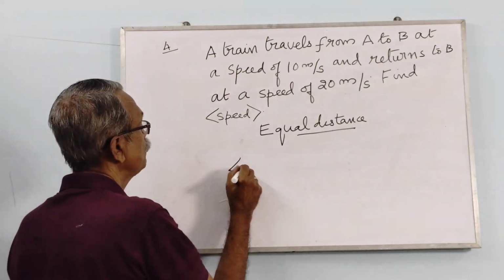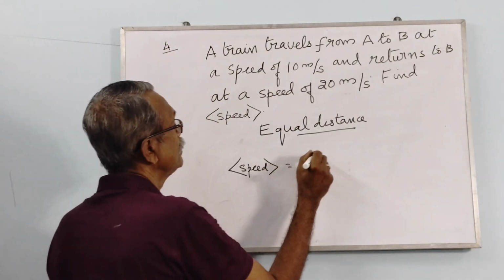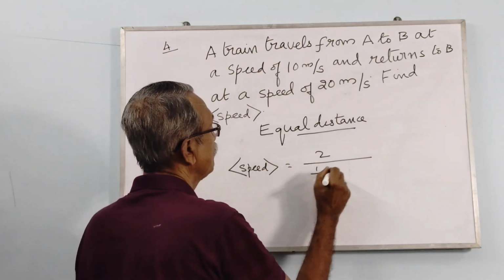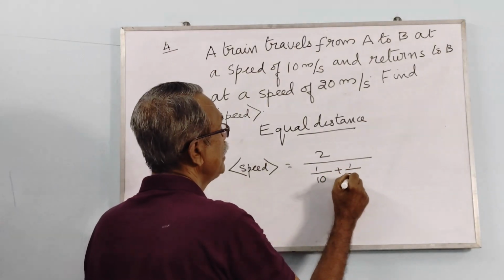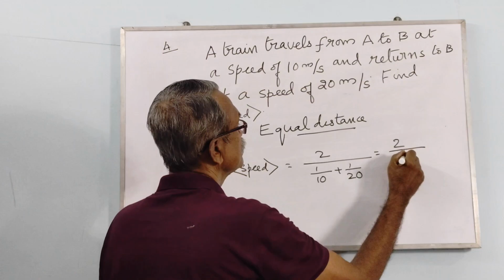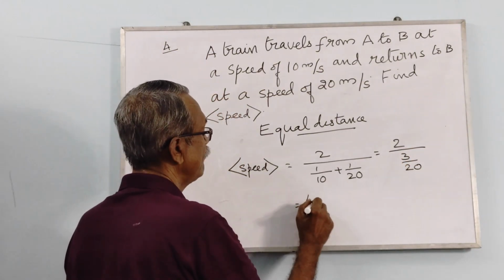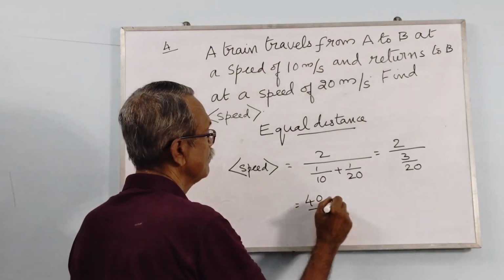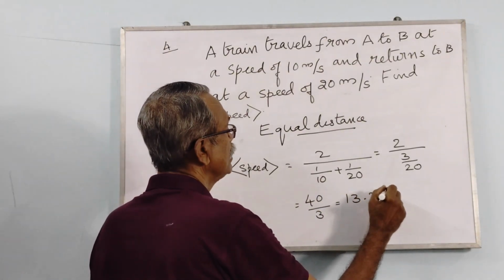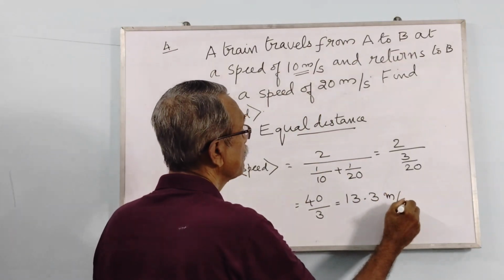Therefore, average speed is 2 divided by 1 over 10 plus 1 over 20, that is 2 divided by 3 over 20, that is equal to 40 divided by 3, which is equal to 13.3 meter per second.